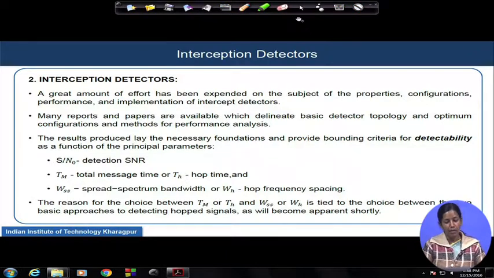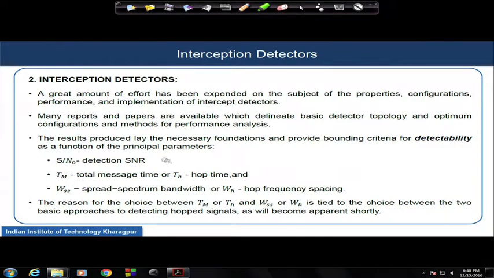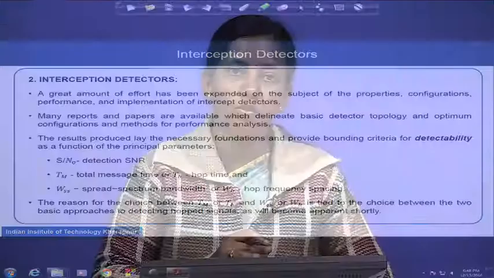Fundamentally, the learning is that if I am thinking from the interception detector design side, it is very important to improve the detectability, and hence our eyes should be on these parameters when the interceptor detectors are designed. So the motivation is two-way.